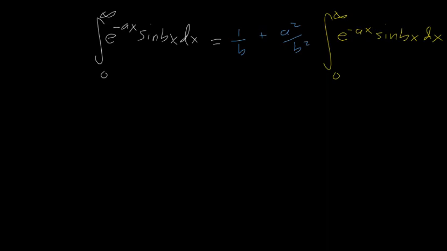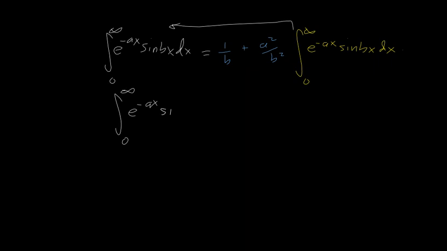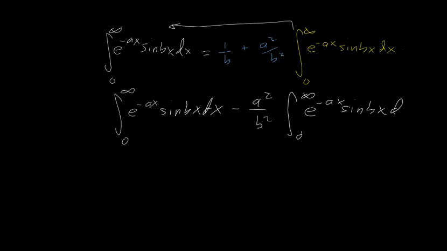So move it to the other side. Now it becomes the integral from 0 to infinity of e to the negative ax sine bx dx minus a squared over b squared times the integral from 0 to infinity of e to the negative ax sine bx dx, and this is equal to 1 over b.